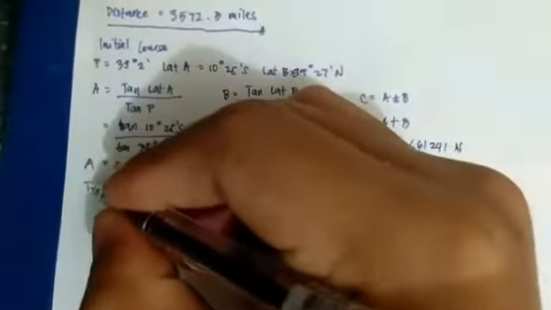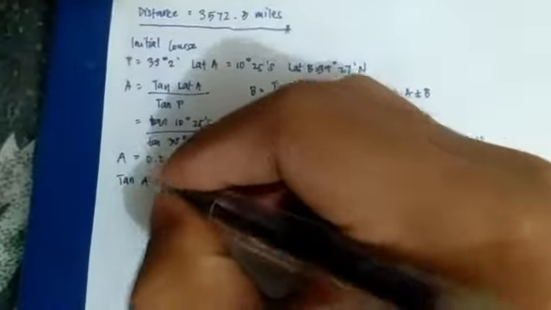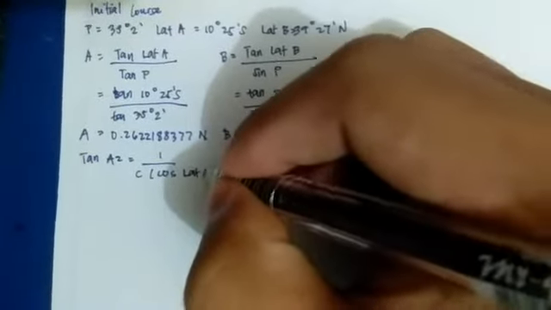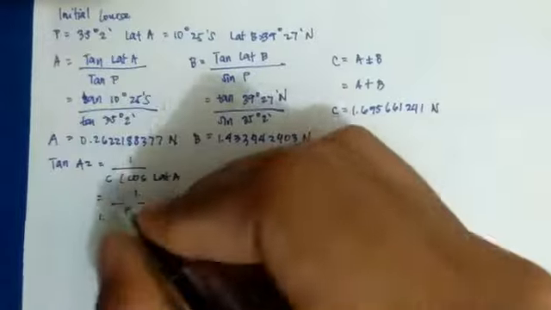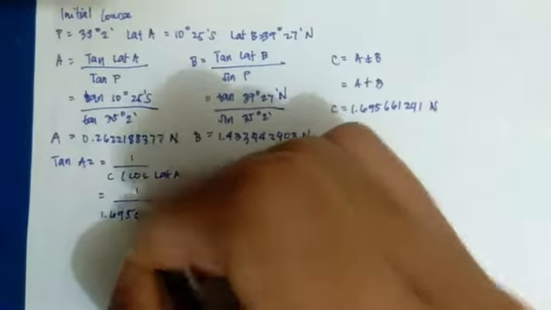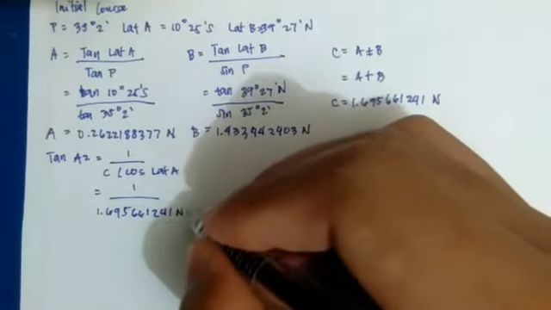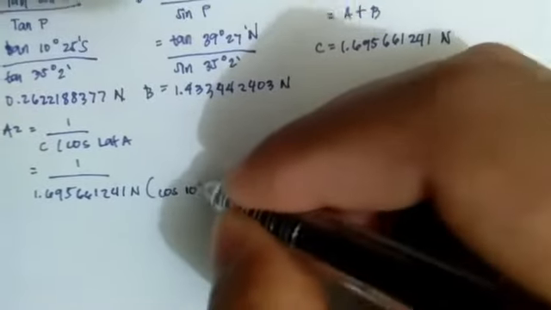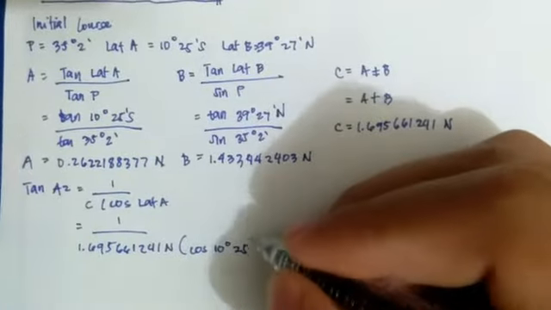In order to get our initial course, we need to use the formula of tan AZ, and that is 1 over C times cos latitude A. So we have 1 over C, which is 1.695661,241 north, times cos latitude A. Our latitude A is 10 degrees and 25 minutes.